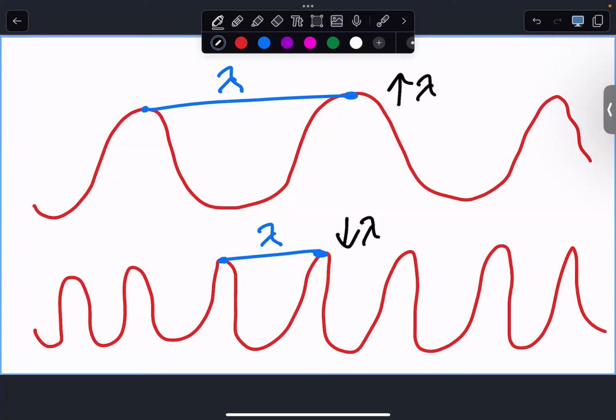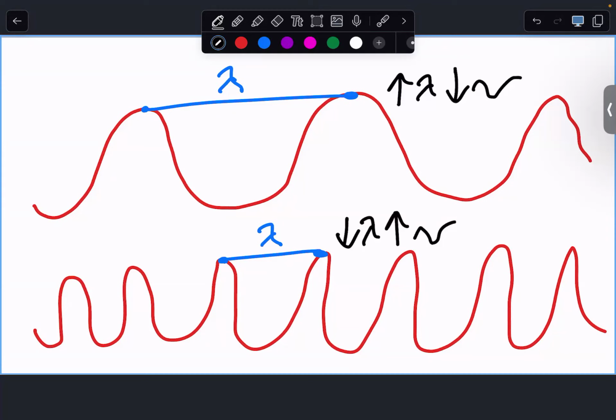The higher wavelength will have a lower frequency. The lower wavelength will have a higher frequency. Think of frequency as how frequently it goes from peak to peak. Since this is a very small wavelength, it goes from peak to peak a lot of times. So they have an inverse relationship.